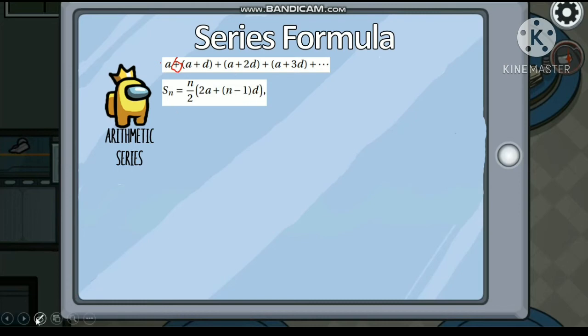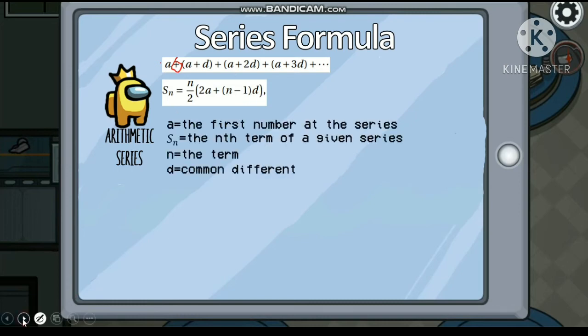Okay, the symbol is a, the first number of the series. Sn is the difference from the sequence: in the sequence we find an, but in the series we find Sn. Let's go to the example.